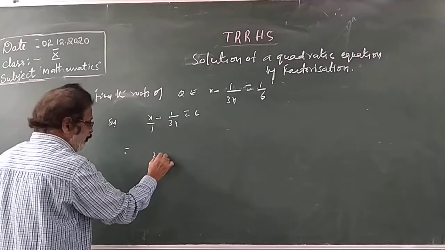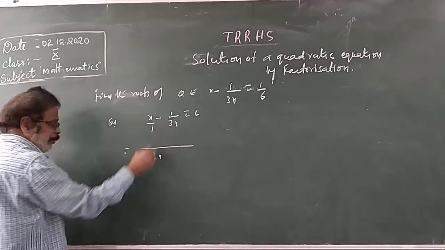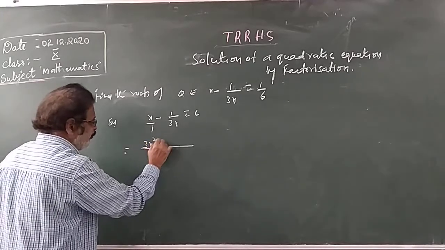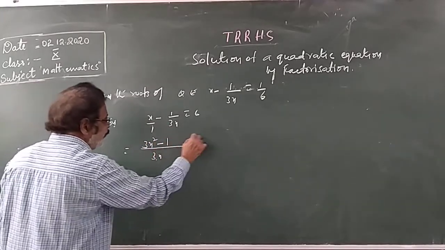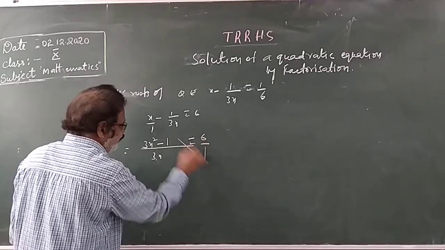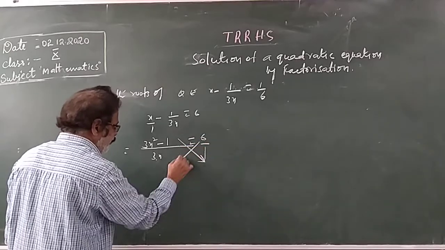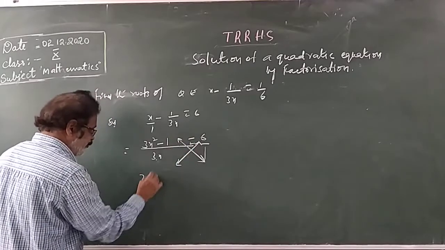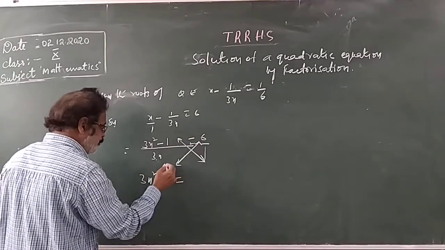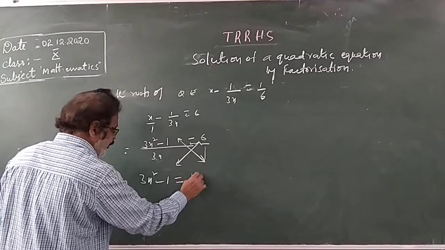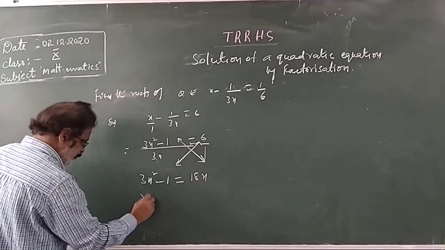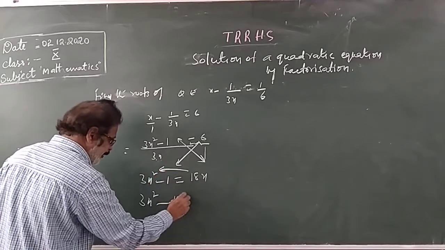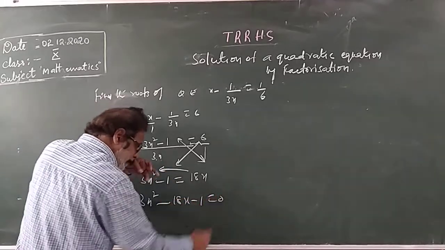Take LCM, the LCM is 3x. 3x into x is 3x square, minus 1, over 3x, is equal to 6 by 1. By cross multiplication, 3x square minus 1 is equal to 3x into 6, 18x. Bringing 18x to the left side, 3x square minus 18x minus 1 equal to 0.